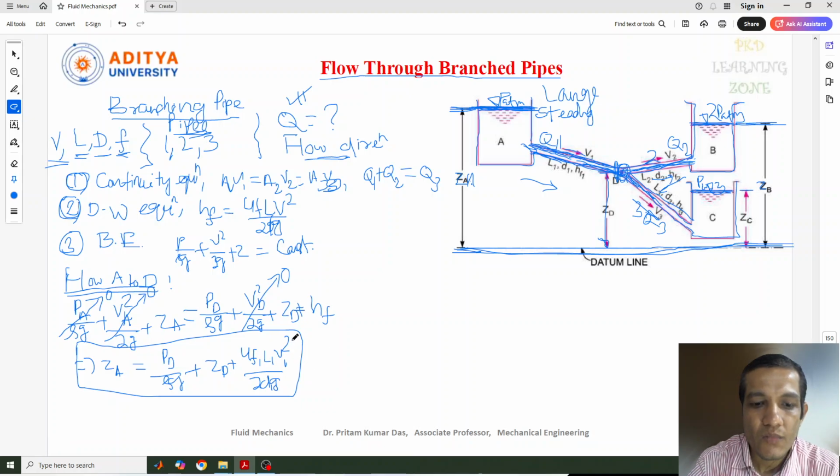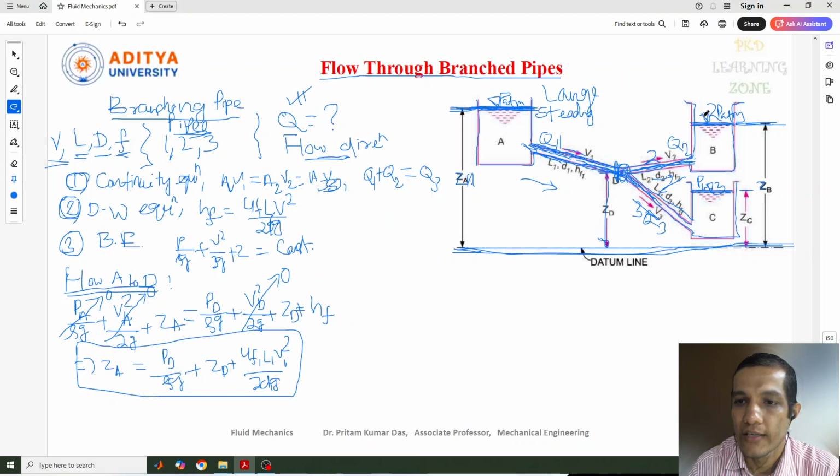Now similarly, if we consider the flow from B to D point, that will be different. If you consider from D point to B point, that will be different too, but with the same concept. Again we go to the B point, then we need to consider the surface of B, and whether the fluid is flowing from B point to D point or D point to B point.